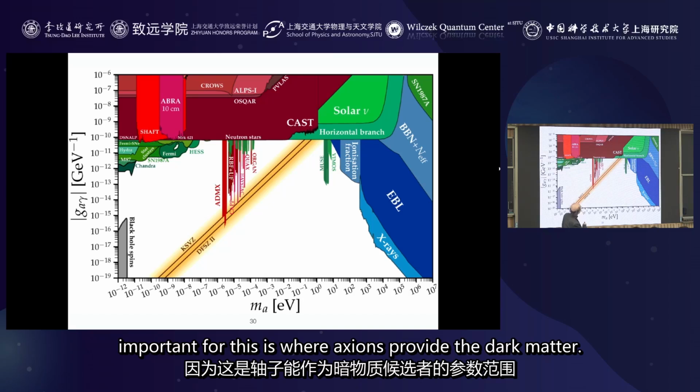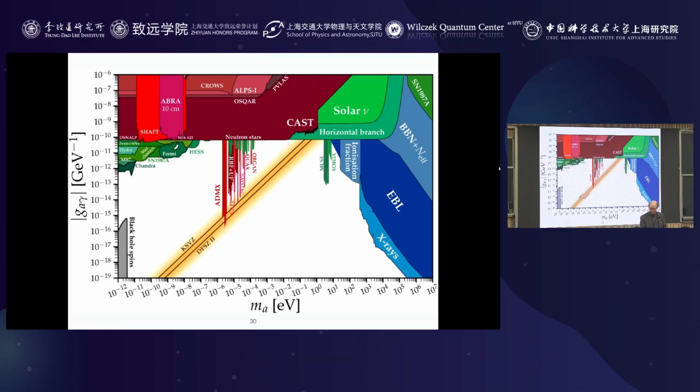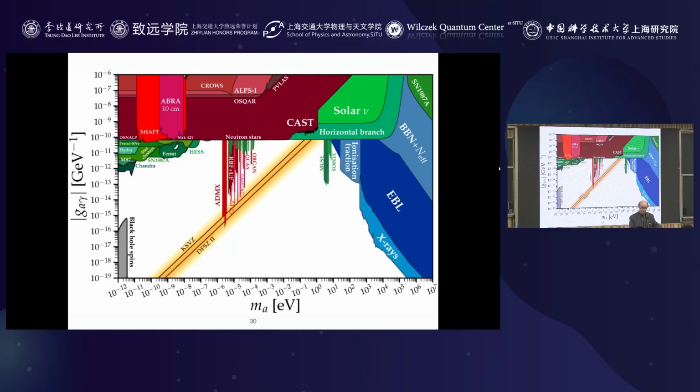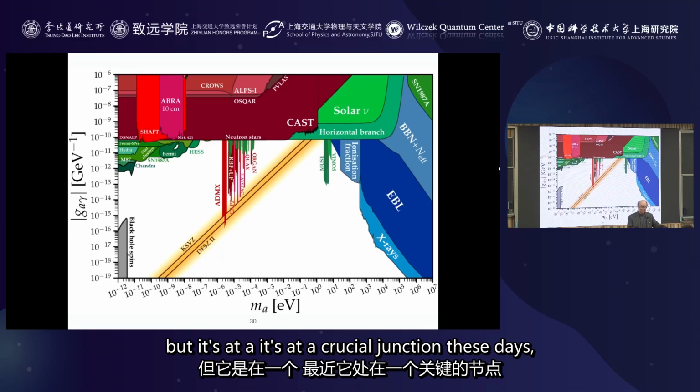This is where axions provide the dark matter, and people have been working hard to test that hypothesis. I'll be saying quite a bit more about that. It's definitely not a finished story, but it's at a crucial junction these days.